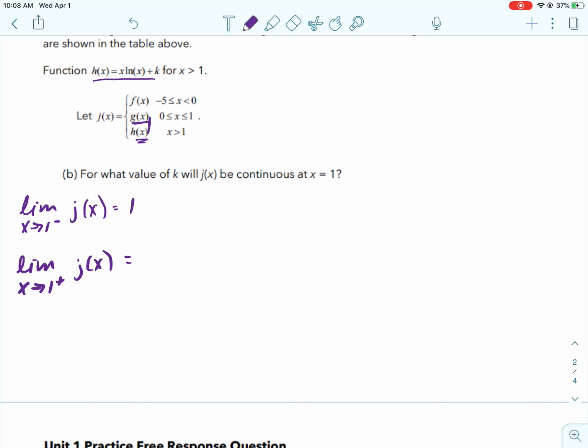Now, as x approaches 1 from the right side, we're going to use h. And h is this function that's written algebraically. So what we want to do to find that limit is go ahead and put 1 in for x's. So each x, we're going to make 1.